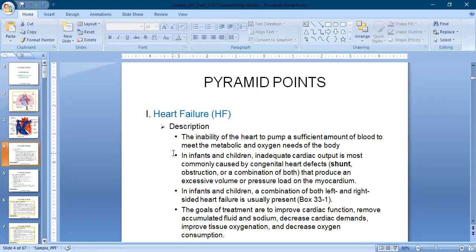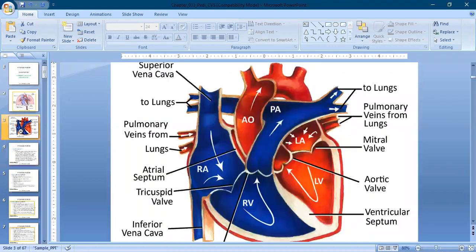Shunt means blood is supposed to go from the right ventricle to the pulmonary artery, then the lungs, from the lungs to the left atrium, from the left atrium to the left ventricle, right? And from the left ventricle to the arch of the aorta. This is the normal direction of blood flow, forward flow.